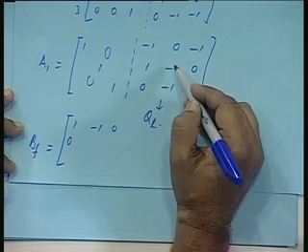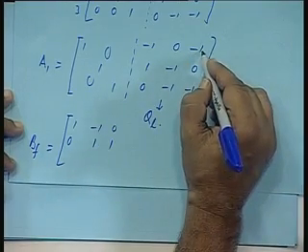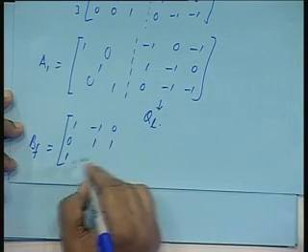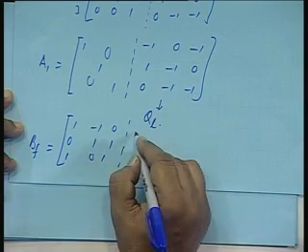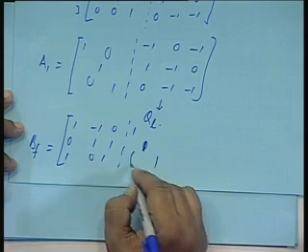So, 0 1 1 0 1 1, then 1 0 1 1 0 1, and then the unity matrix 1 1 1 and then zeros.